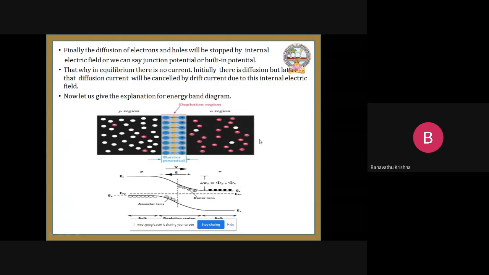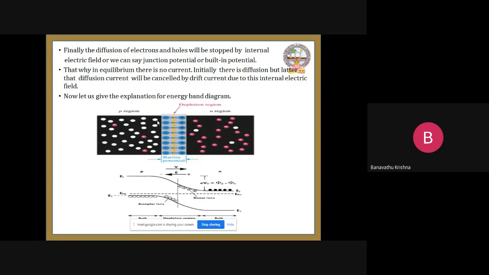If you are applying any external voltage, by using a battery, then the positive charge particles and the negative charge particles move toward the junction. Generally we say it is forward bias of the PN junction.